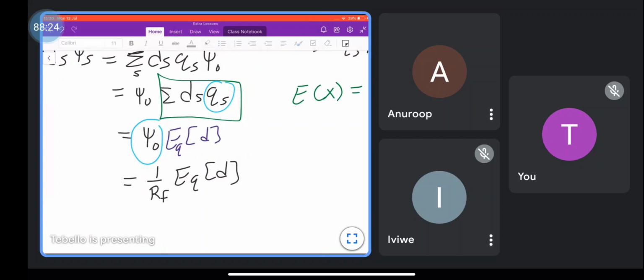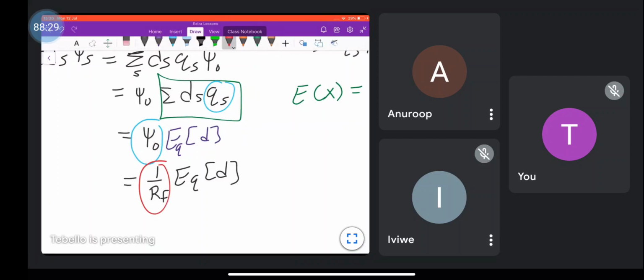In my thinking, this proof still doesn't make sense, because if I were to write this, I would say RF times EQD, but I still don't understand why they had to find the inverse in this case. I'm not sure if this is what you are asking me.